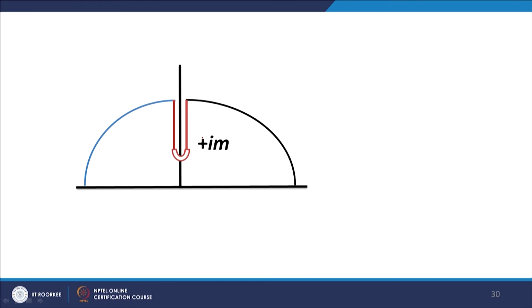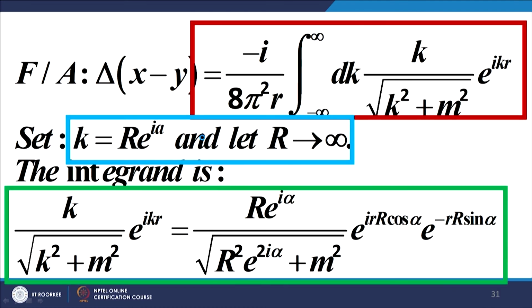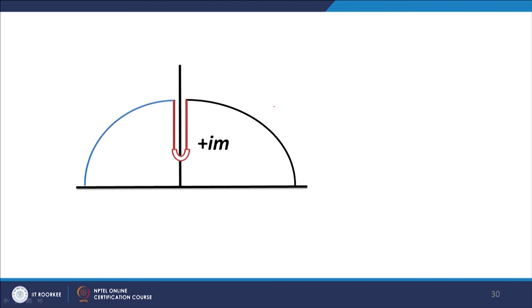We now work out the integration part of this particular contour. We have this from the previous slide. Let us first do the integration over the semicircles, the part 1 of the semicircle and part 2 of the semicircle.